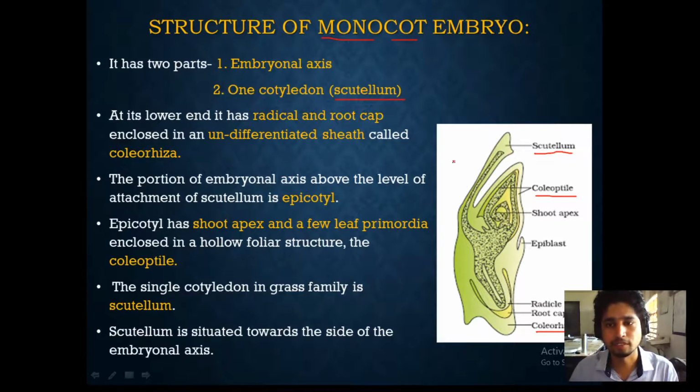This embryo formation is seen in both monocot and dicot separately, and the initial stages of embryo development are the same in both, but at maturation they have very different structures. All these terminologies, epicotyle, hypocotyle, scutellum, coleoptile, coleorhiza, radicle and plumule, are very important. So I hope you have understood up to this.